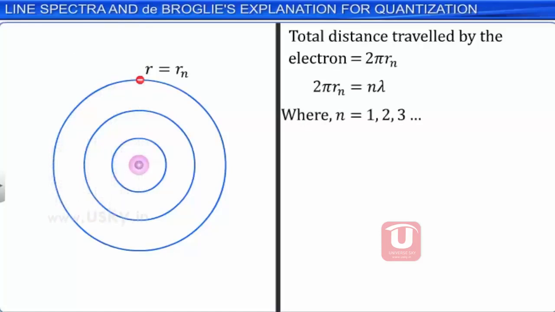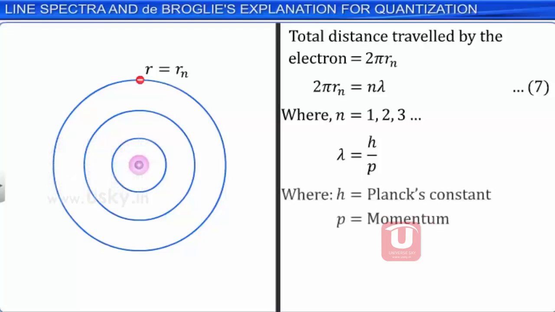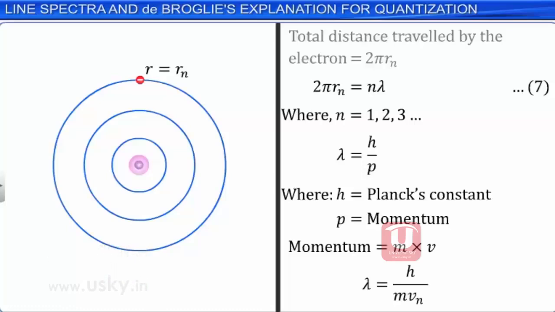We know that de Broglie's wavelength corresponding to the motion of a particle having a momentum p is given by λ is equal to h by p. Here, h is Planck's constant and p is its momentum. As momentum is the product of the mass m and the velocity v, we have λ is equal to h by mvn. Here, vn is the velocity of the electron in the nth orbit.